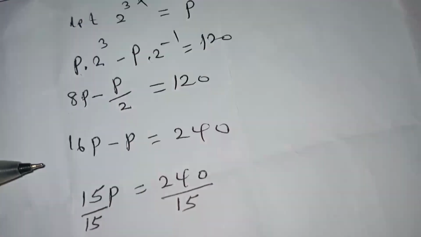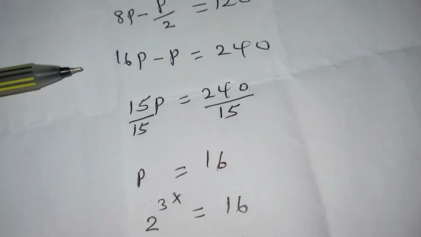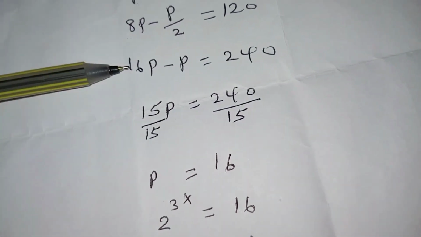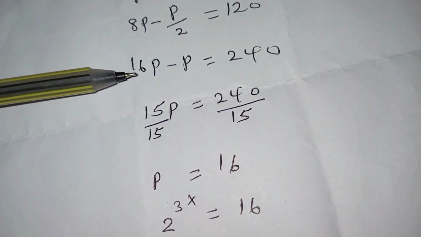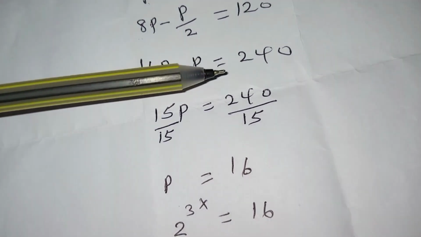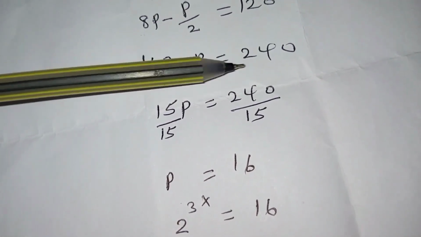Then we multiplied by 2 throughout this part to obtain 8p times 2 is 16p. P over 2 times 2 is p. 120 times 2 is 240.